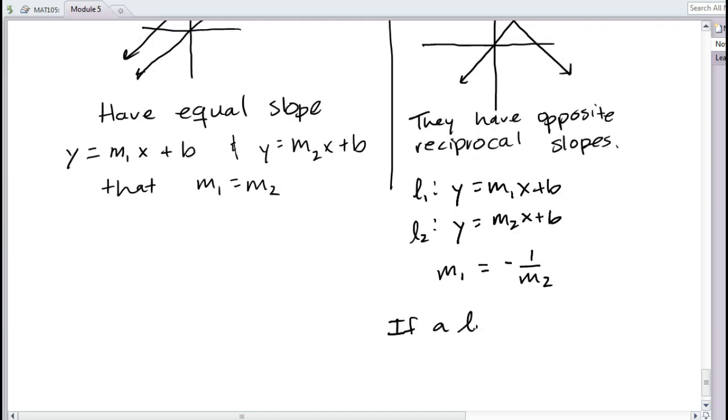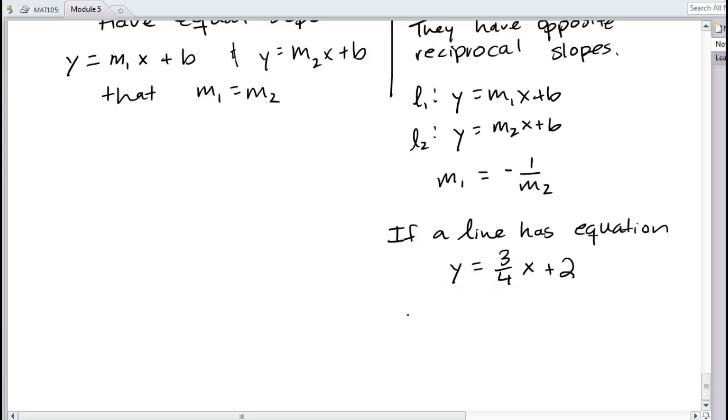So the way this might work is if a line, for example, has equation y equals 3/4 x plus 2, then we know what the slope of any perpendicular line must have.